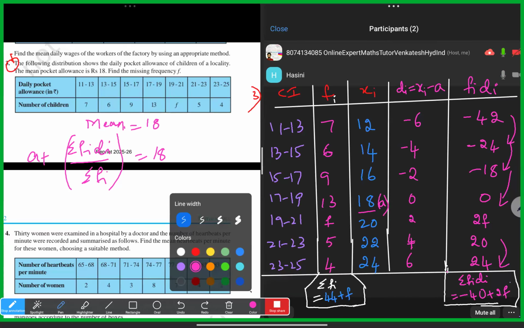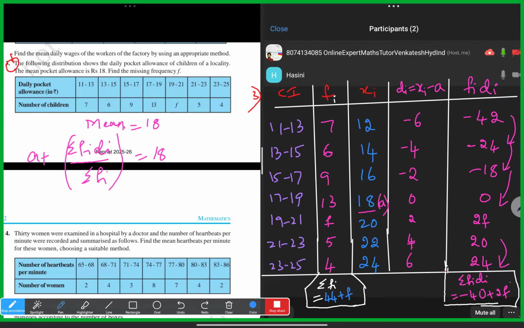Now I'll substitute the values. A is how much? 18. A is 18 plus sigma fi di.